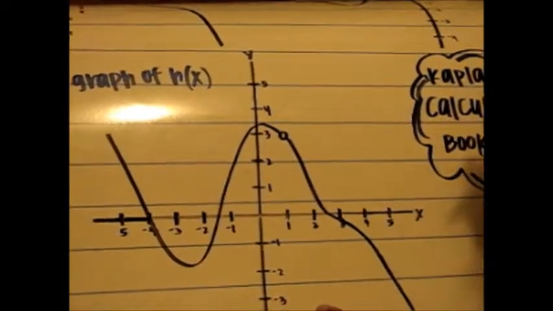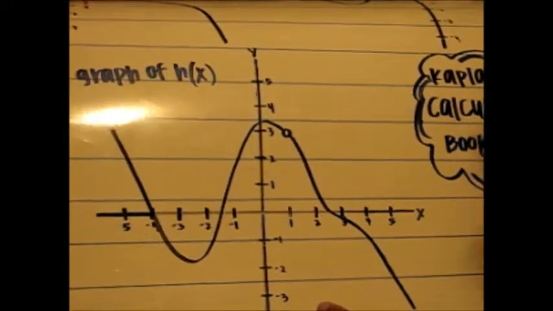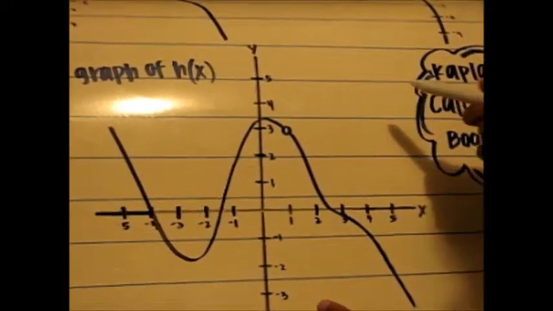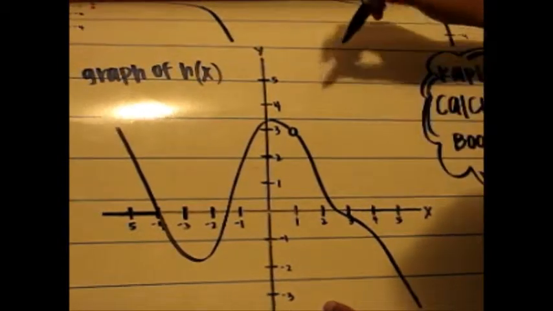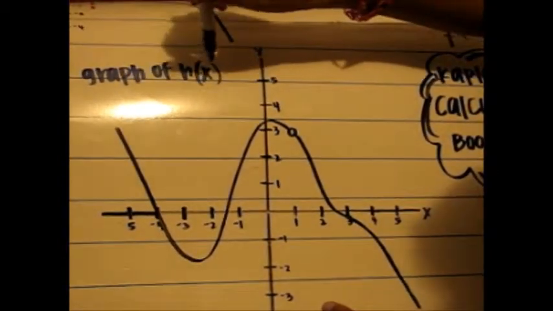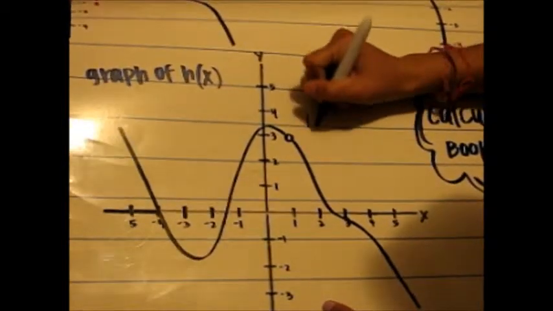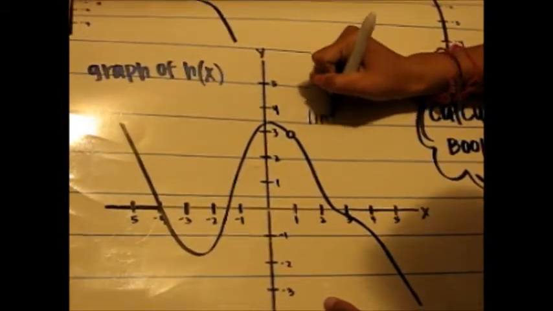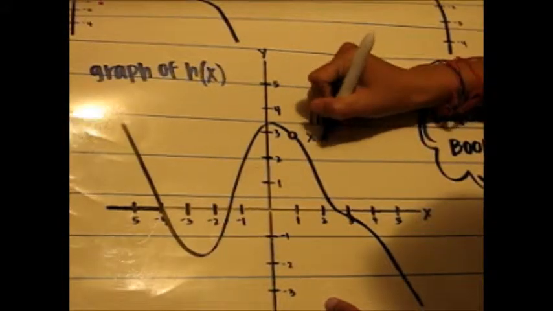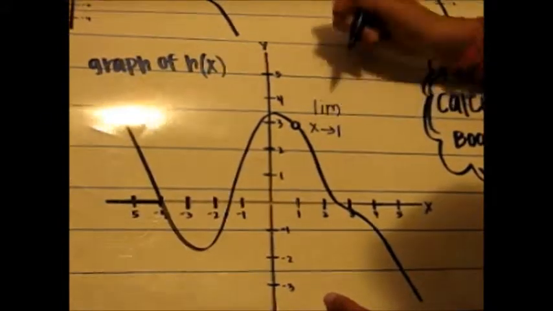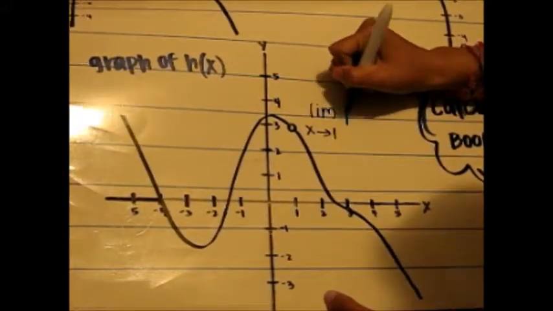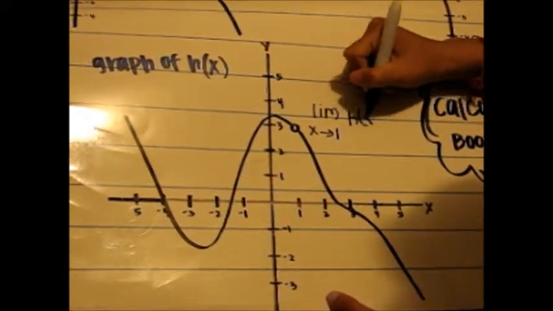So let's test what you guys know about the difference between a defined point and limit at a point. So for this graph of h of x, what is the limit as x approaches 1 for the function h of x?